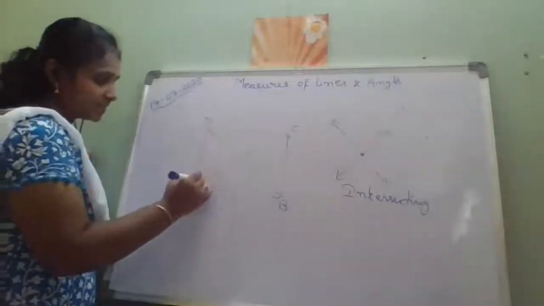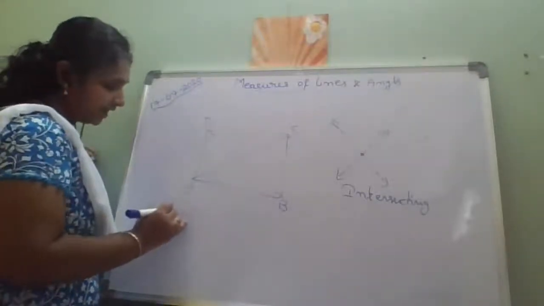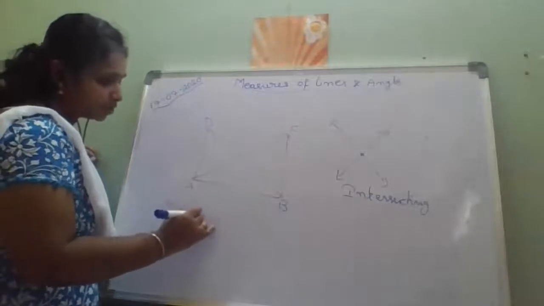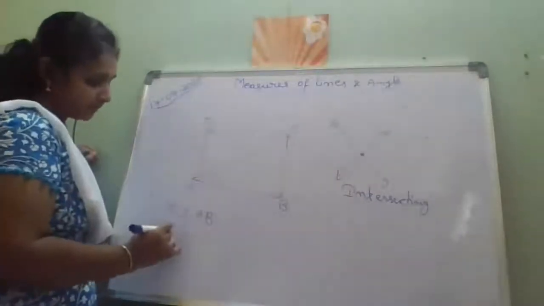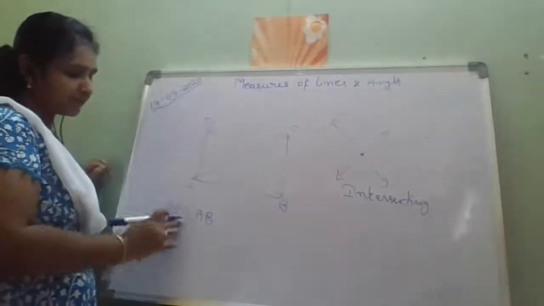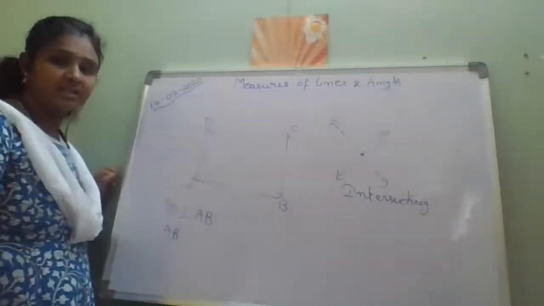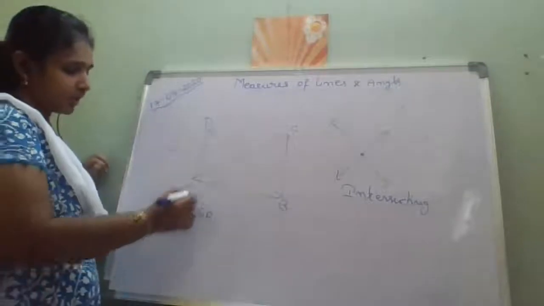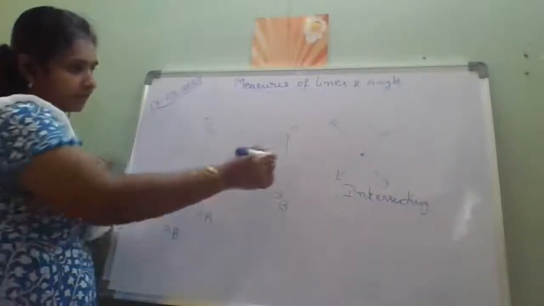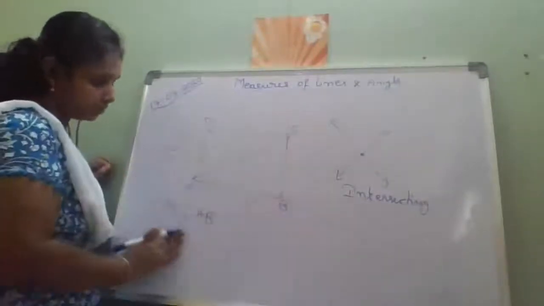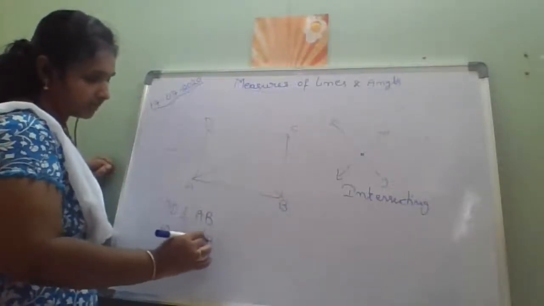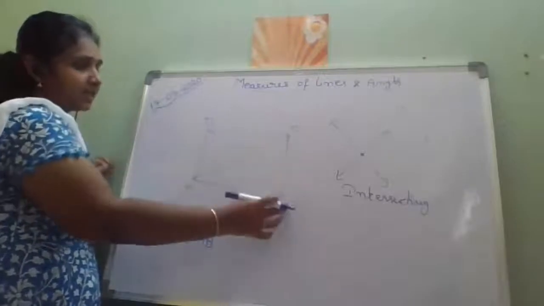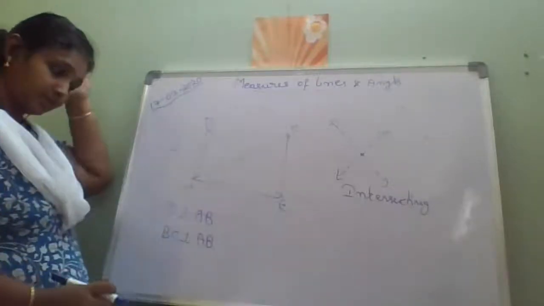So perpendicular edges are AD is perpendicular to AB, and the perpendicular symbol is represented like this. BC is perpendicular to AB.